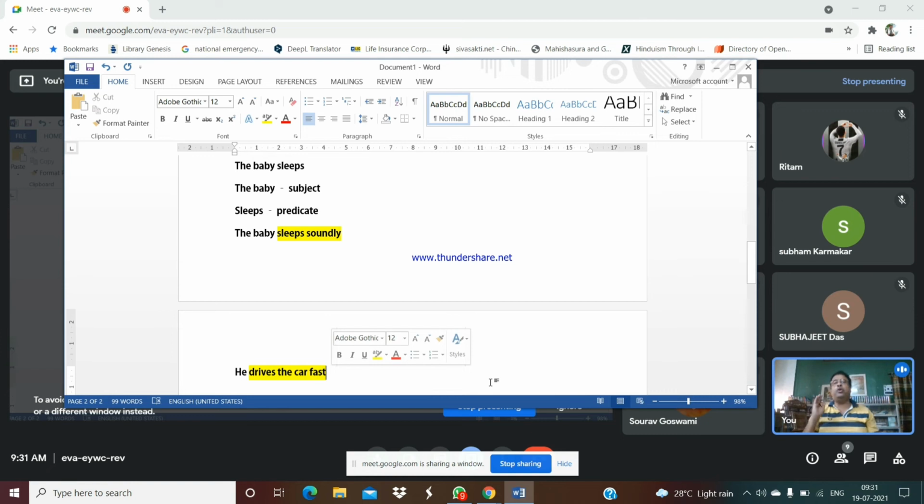Isn't it? And in your own language, it should also be a simple predicate. Actually, let us not go into this confusing definition of simple predicate or complex predicate. I would put it like this.